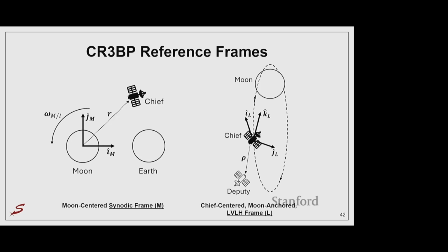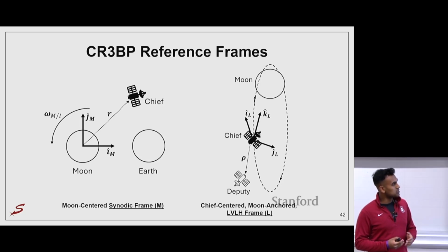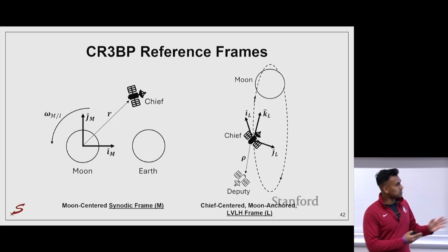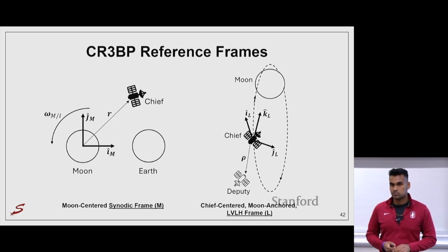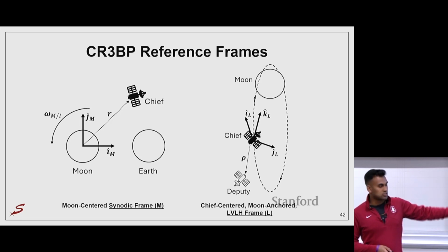For example, you could have a frame definition like the NTW or TNW frame, where the velocity vector is one of your unit vectors on the axes. But since you're familiar with the RTN or LVLH frame from the previous lectures, we'll introduce it this way.